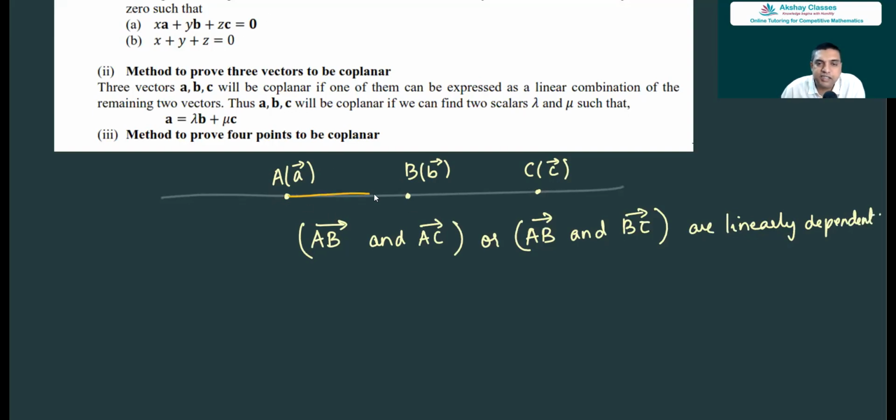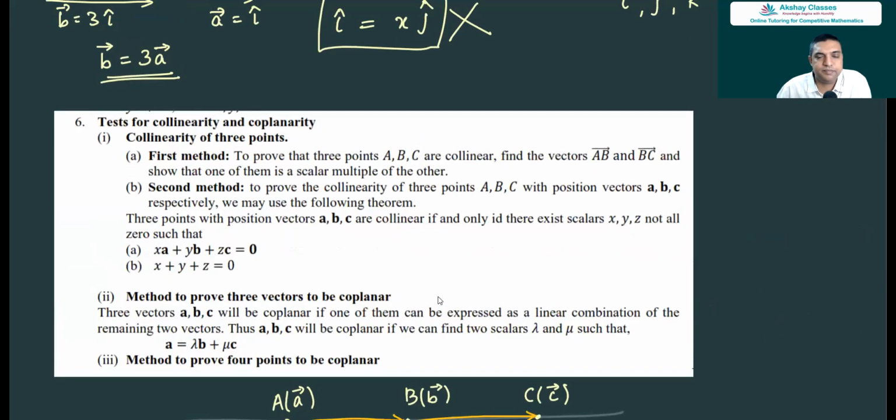AB bar and say BC bar. So because they are parallel vectors, I can write BC bar as some scalar multiple times AB bar. If we can show this, then they are collinear.